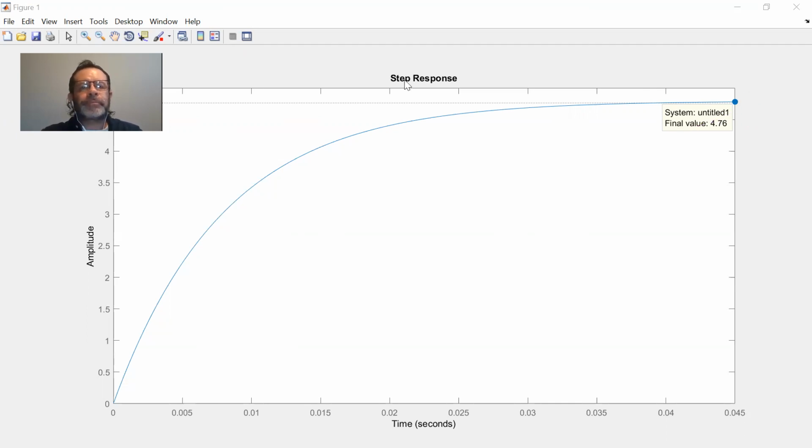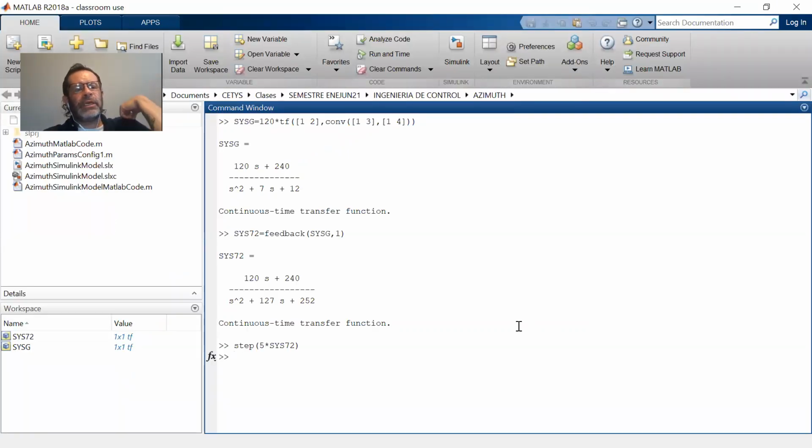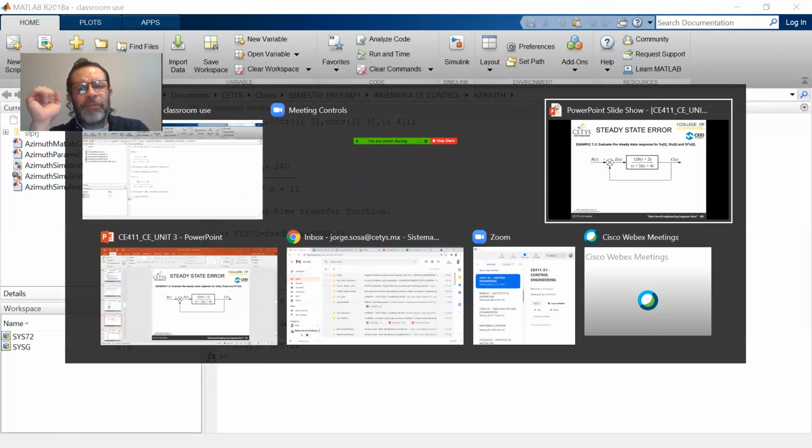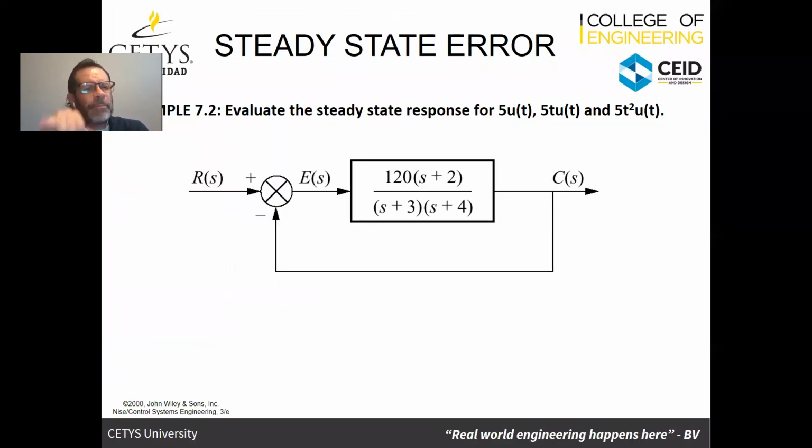Now I want to show you another way to do exactly what we did here, but instead of using the step function. Why? Because the step function is particularly for applying a unit step to a system. However, here we're going to have to apply a ramp and a parabola.